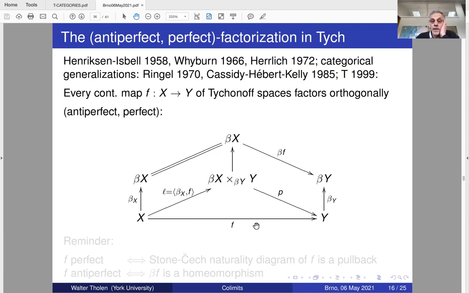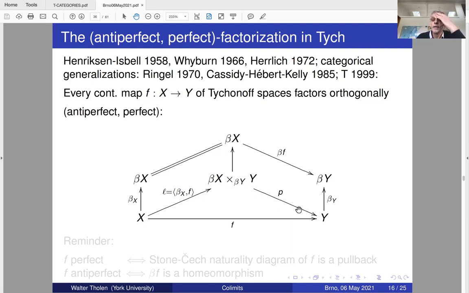So you take your F and you apply the Stone-Čech compactification to this map, so you get a naturality diagram, and you really factor in the category of arrows. And how you do this is you take beta F, beta Y, take the pullback.